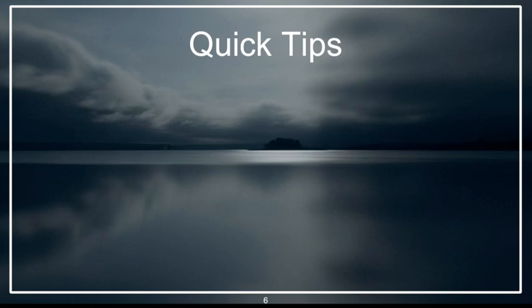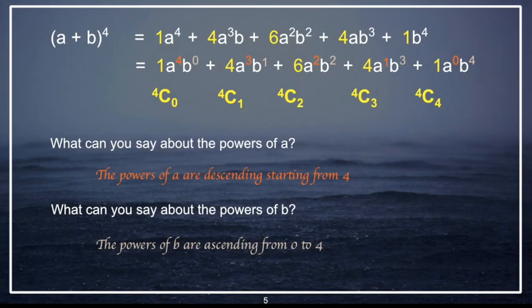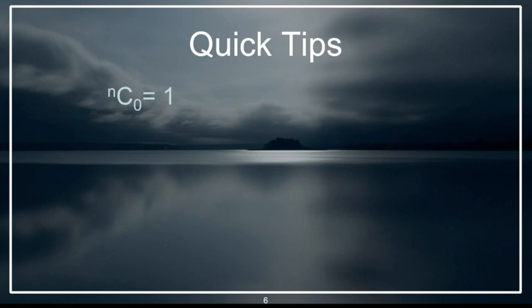If we go back to our example, the combination of 4 taken 1 and the combination of 4 taken 3 are the same, because 3 is 4 minus 1. So take note of that. Once you already know the value of the combination of 4 taken 1, you can already know the value of the combination of 4 taken 3, because they are just the same.